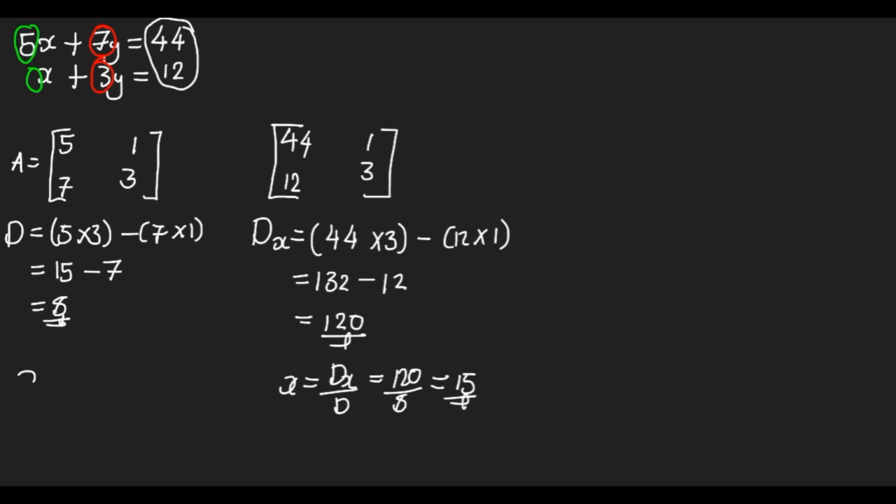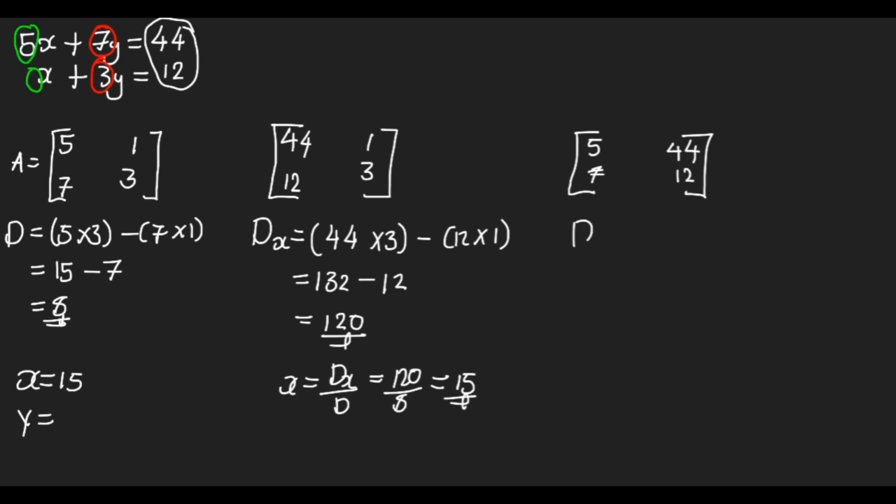So the value of x is 15. Then let's look at the value of y. Now for the value of y, we are going to replace the second column with 44. So 44 and 12 will be here. Then the first column will just remain the way it is.